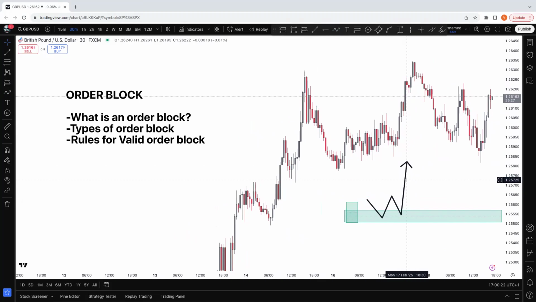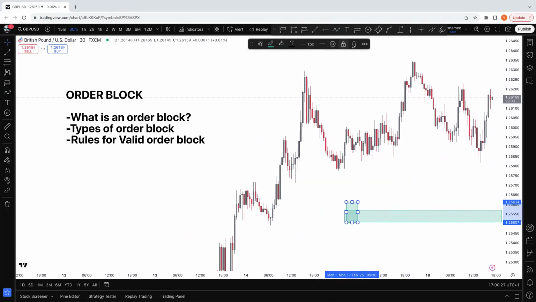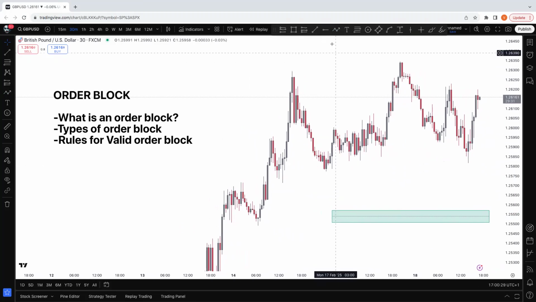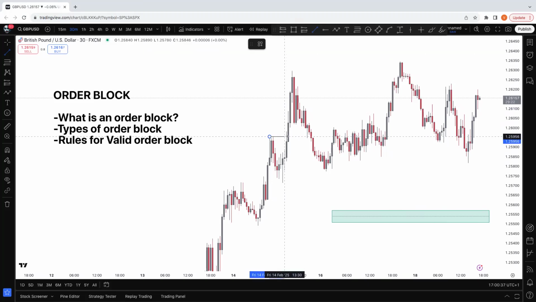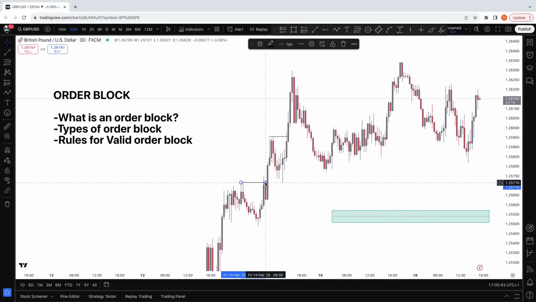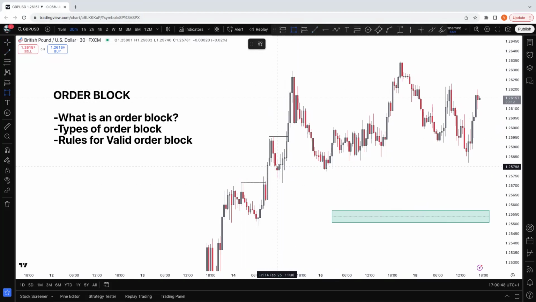Now, let's look at what we are seeing on the chart. So this is an order block. First of all, you need to identify your breakout structures. You need to mark out your breakout structures, just to give you clarity. Now we have a breakout structure here. This is an order block.